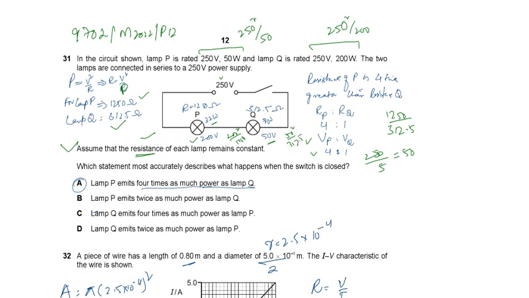So 32 and 8. Again, if we divide P by Q, we will get what?